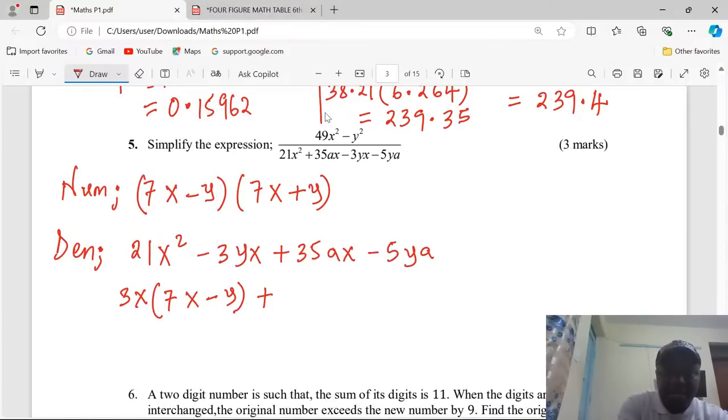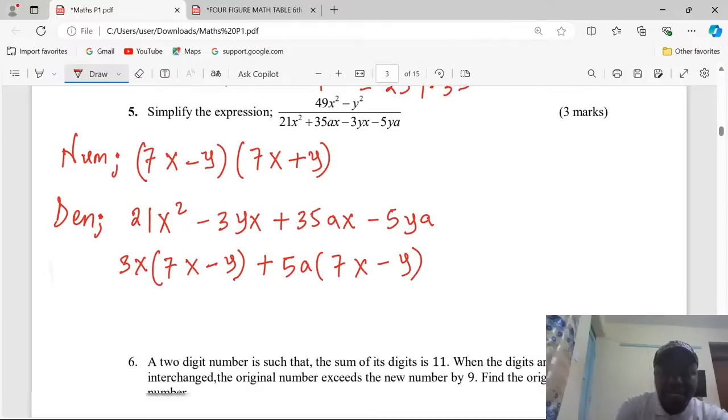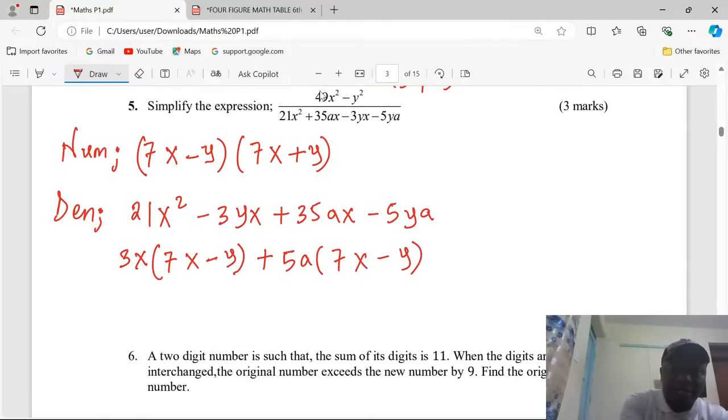Then the common factor here will be 5a, so that I remain with 7x minus y. You can see now this order is favoring the numerator that we already have. And so we can have the common part, 7x minus y, then 3x plus 5a.